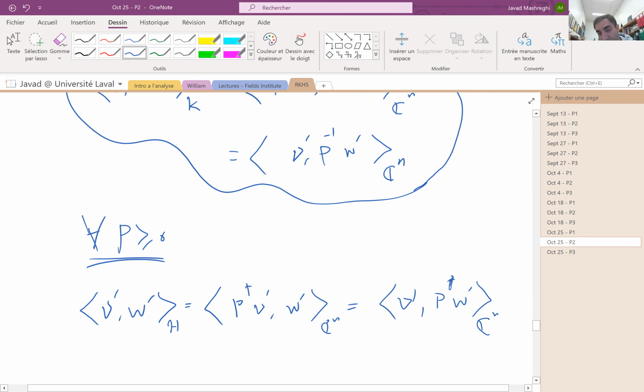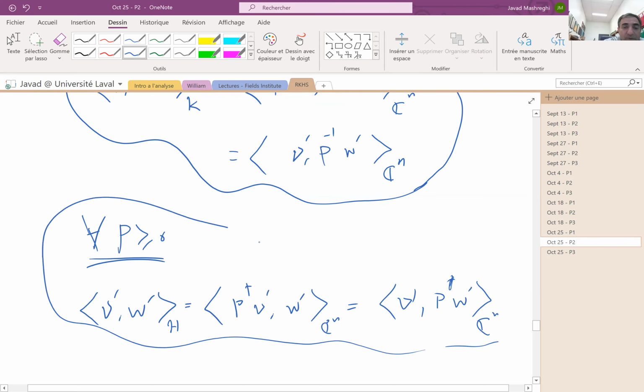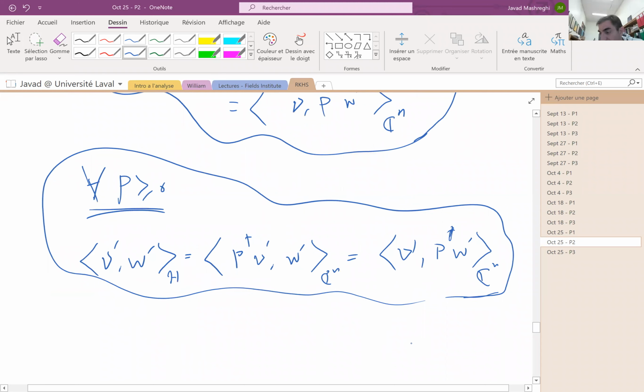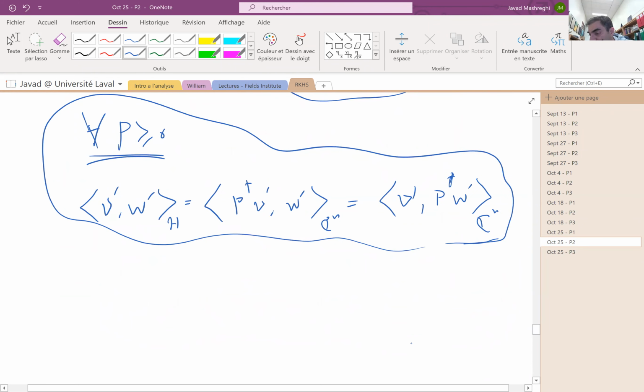So that's why it's called a generalized inverse or pseudo inverse. It helps us to obtain a formula for the inner product in those cases. So, anything else here? No, it finishes this part.